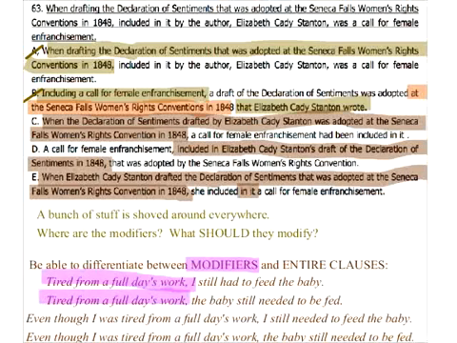And so those have to actually modify stuff, and so this first one is right and the second one is wrong because the baby was not tired from a full day's work unless it was a very unusual baby. So, but these actually modify stuff. And versus entire clauses which don't.